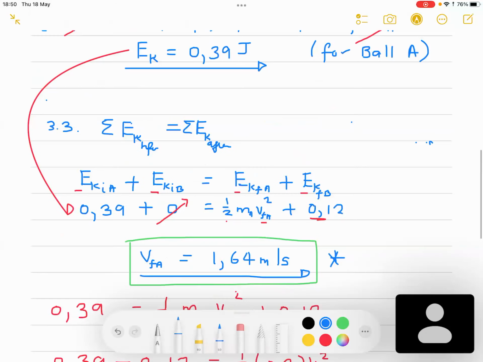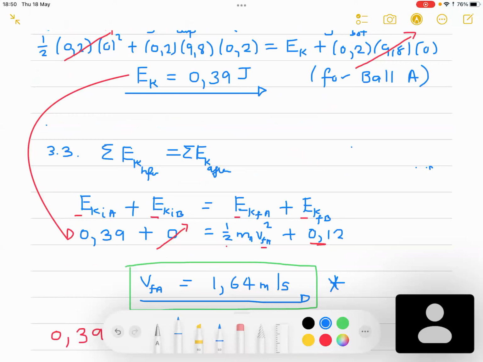We calculated here the kinetic energy of A just before the collision. So we can use this kinetic energy to calculate the initial v for ball A. And that's what we will do.